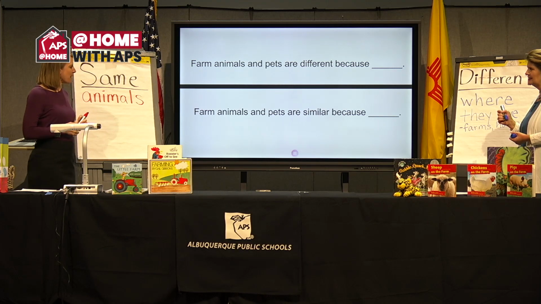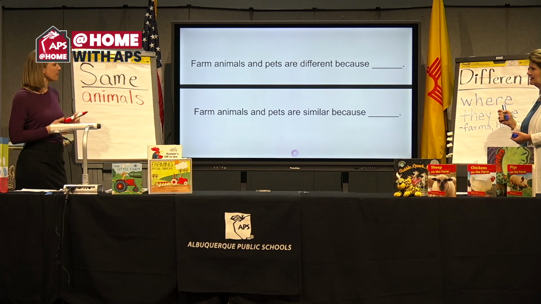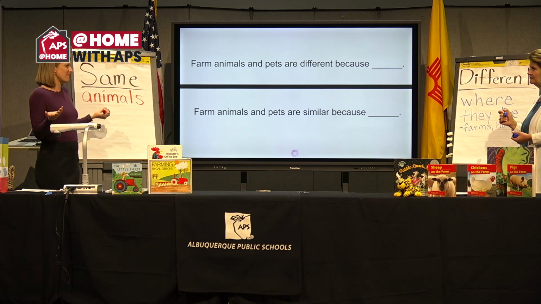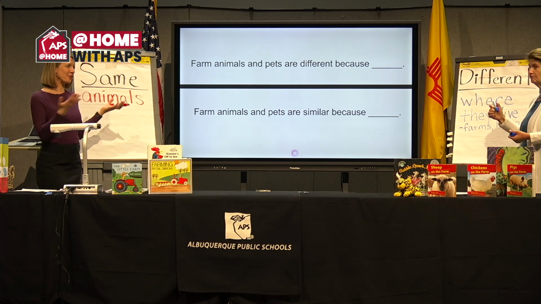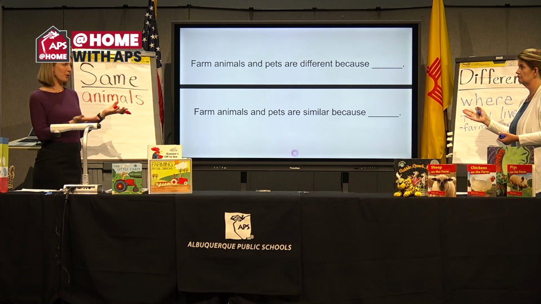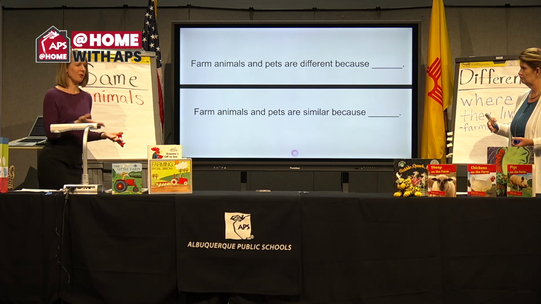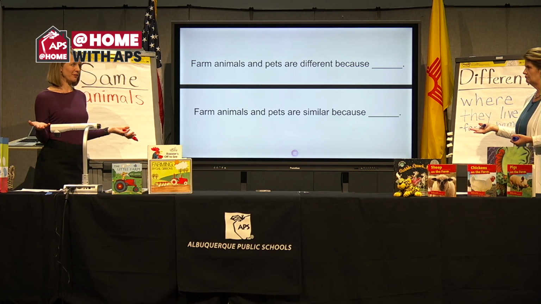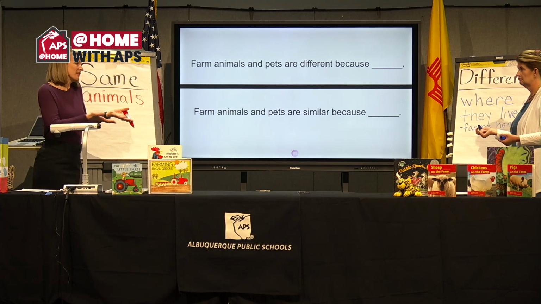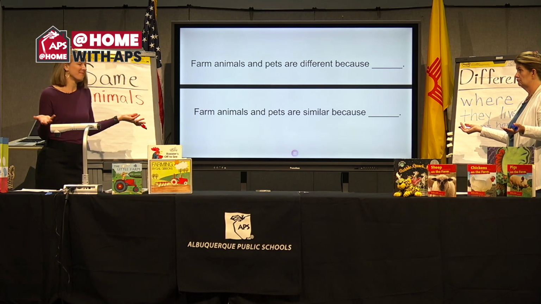Farm animals and pets are similar because they all need water. I noticed that yesterday in the book that we read about chickens, that they eat grain and water. Well, I noticed that my pets need water as well. So that's something that's similar between them. They need water.